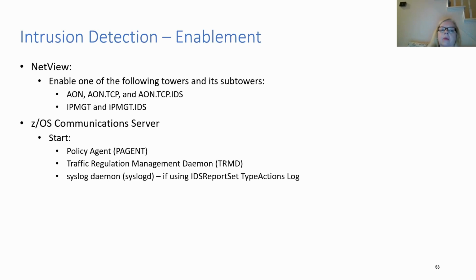You cannot enable it in both AON and IPMGT at the same time. From the z/OS Communications Server standpoint, you need the policy agent, the traffic regulation management daemon or TRMD, and the syslog daemon or syslogd. And that's if you're using the report set type actions log.